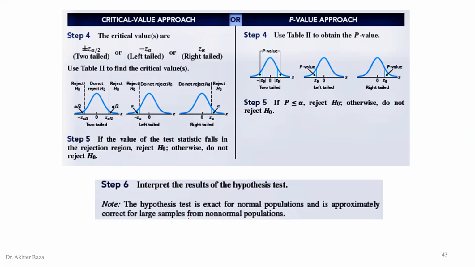of the hypothesis test. But remember, the hypothesis test is exact for a normal population. If the population is normal, then the hypothesis test will be exact. If the population is not normal, but the sample size is large, according to the central limit theorem, it is approximately normal.